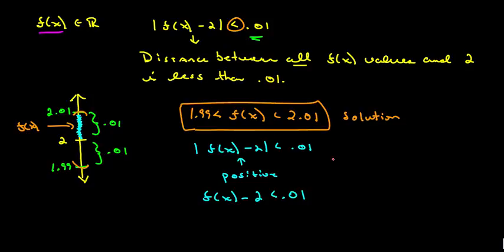The other option is that the guy on the inside here is negative, meaning that it would be over here. So think about it. Over here, if you grabbed an f of x value, right in here, and you took any number in here and subtracted 2, it would be a negative number because these guys are all smaller than 2. So this would have to be negative. So if this is negative, then to get rid of the absolute values, we have to put a negative on the outside.